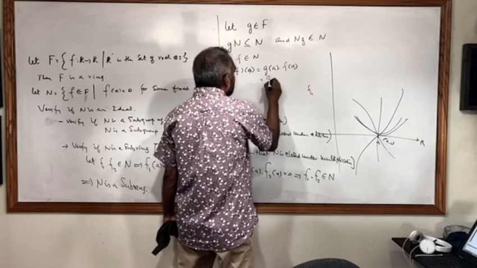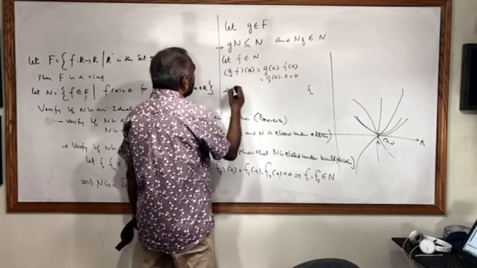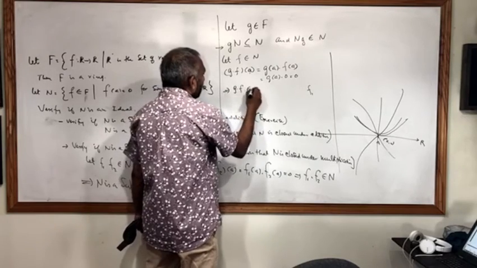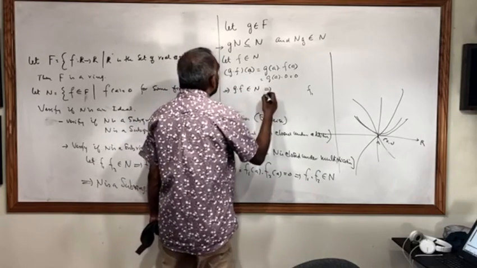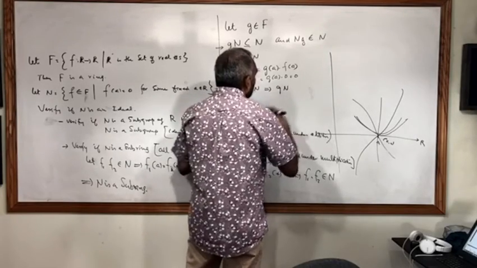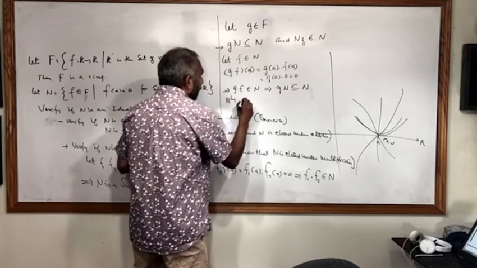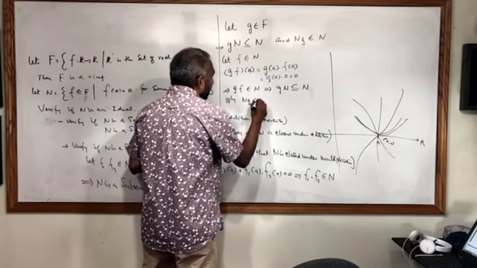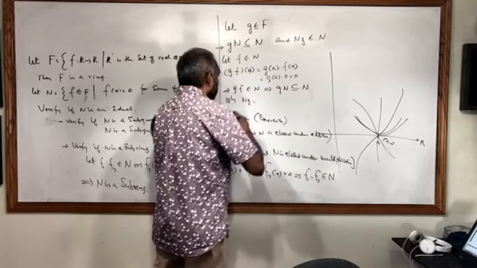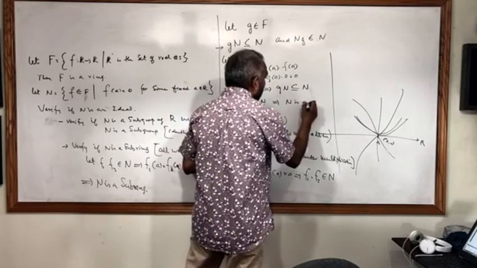So this means g(a) times 0 equals 0, and that implies g f belongs to N, and that implies gN is contained in N. Similarly, Ng is contained in N, and that implies N is an ideal.